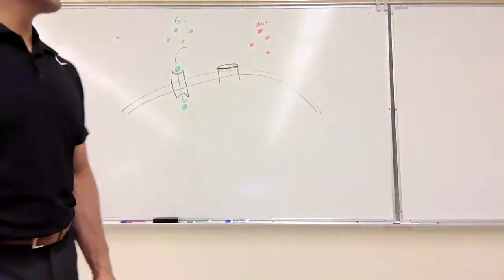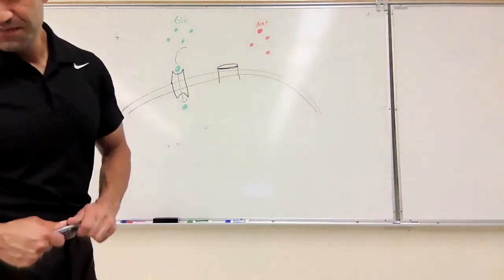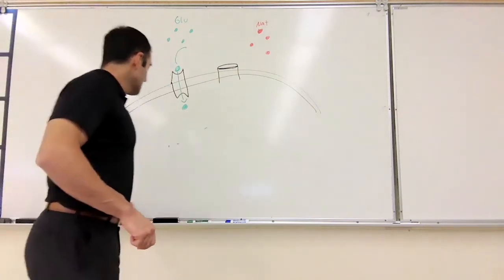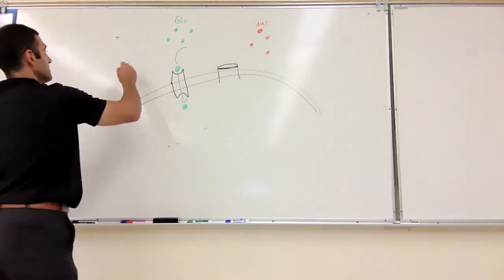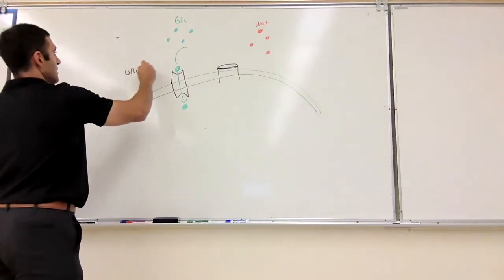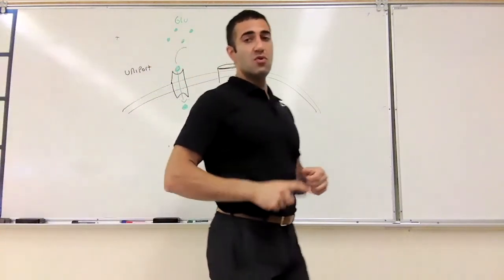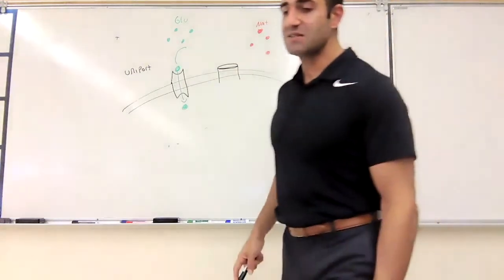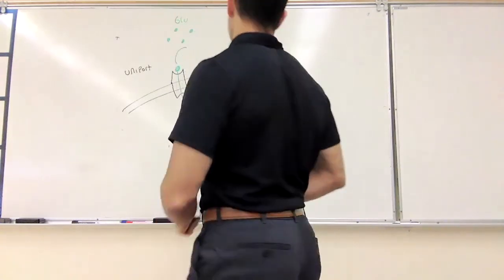Okay, now there are different kinds of transport proteins. One is called a uniport. This here is a uniport. Uniport proteins only move one molecule. However, the second part is called a co-transporter.